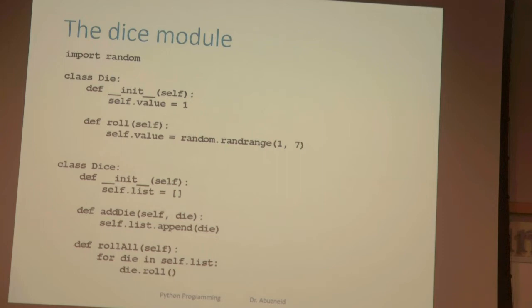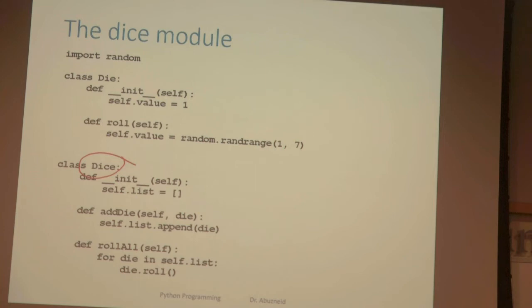Then you have another class for dice. Dice is what? A group of dice. Dice with D-I-C-E is a group of dice. You have multiple dice that you could roll. You could have 2, 3, 4, 5, 6. All right.